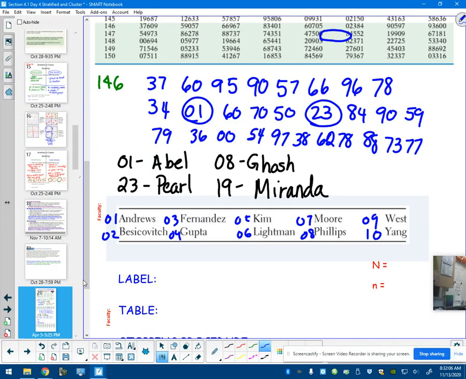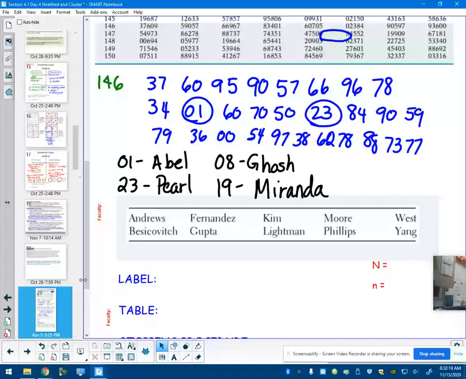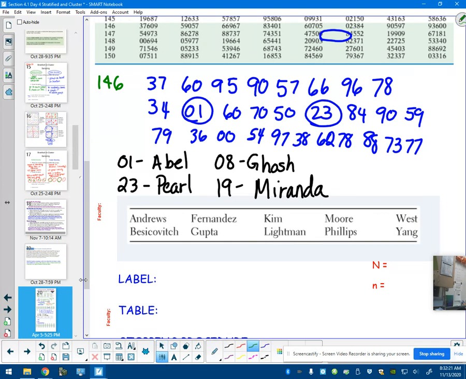Does anybody know what that is? Go ahead, Sam, say it loud. 0 through 9. Yeah, let's let Yang be 0 for 10. So I'm going to say use 0 equal 10. So I'm going to label Andrews 1, 2, 3, 4, 5, 6, 7, 8, 9, 0.